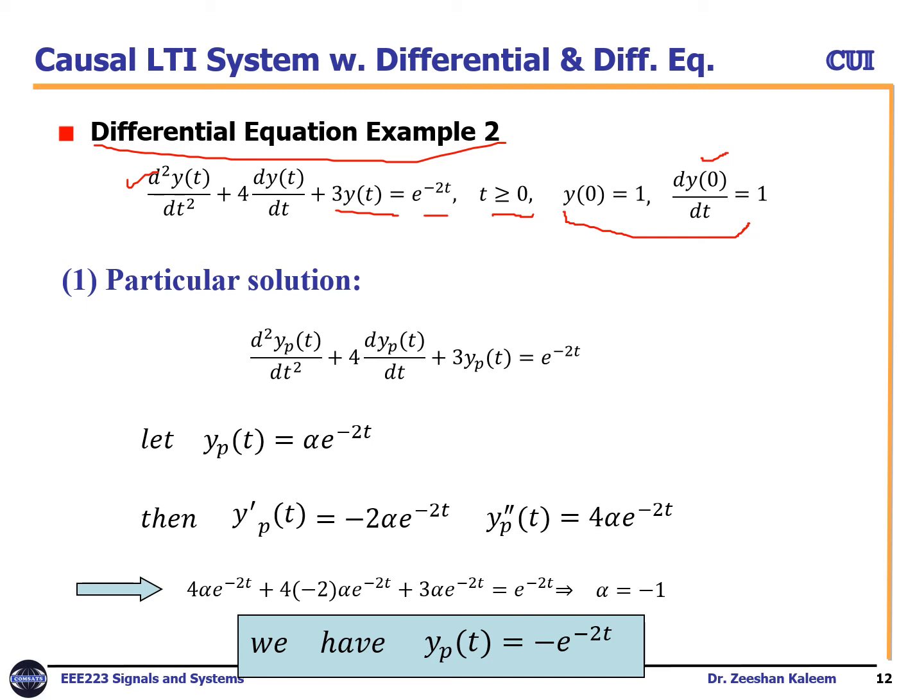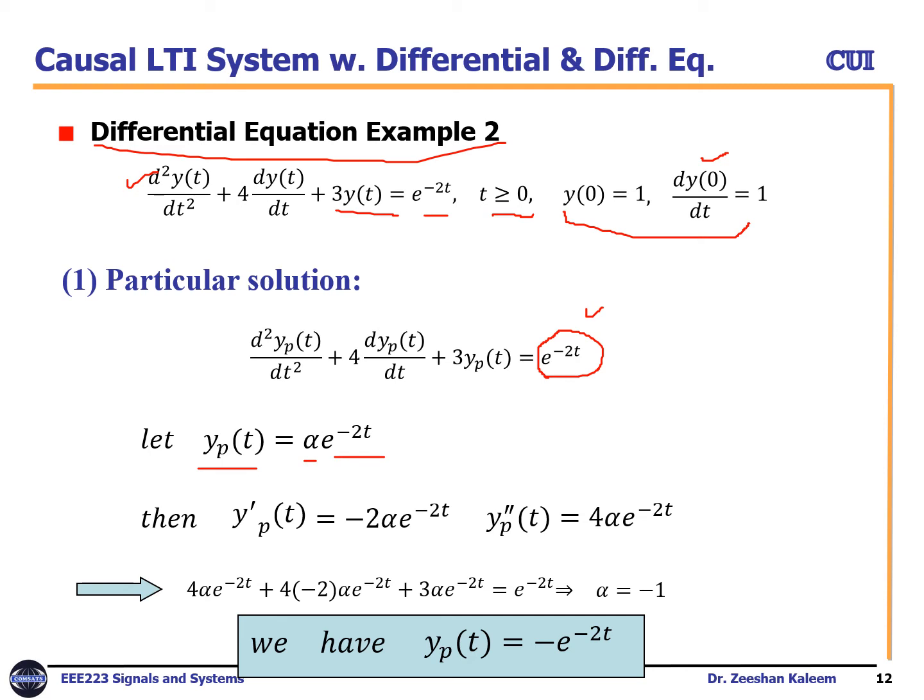So let's start with the particular solution first. For the particular solution, we have e^(-2t) here. As I mentioned, we have to take the same shape as our given input. So we assume that the solution is y_p(t) equals alpha, a constant value, times e^(-2t).